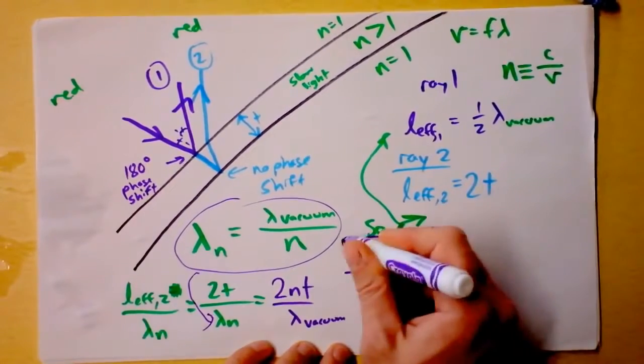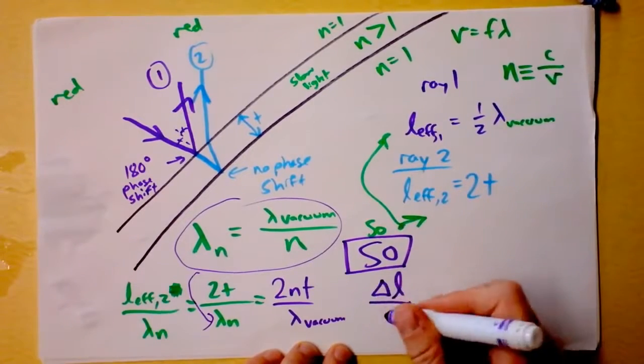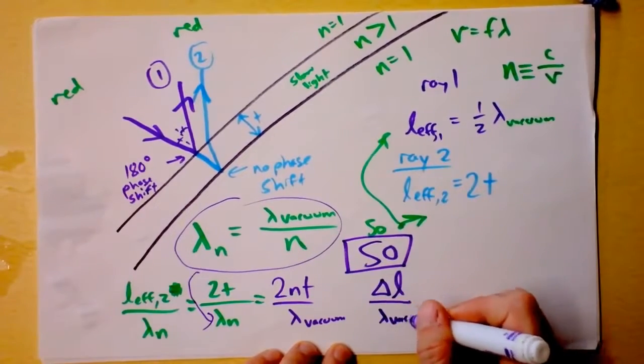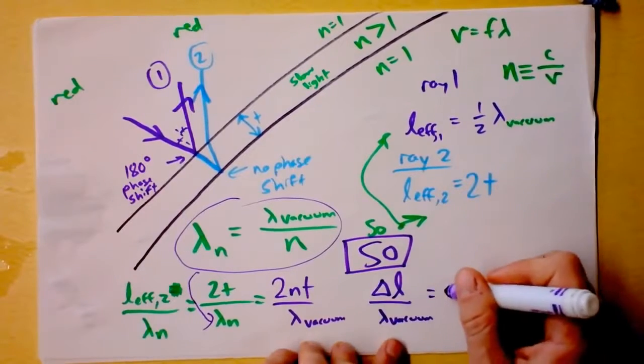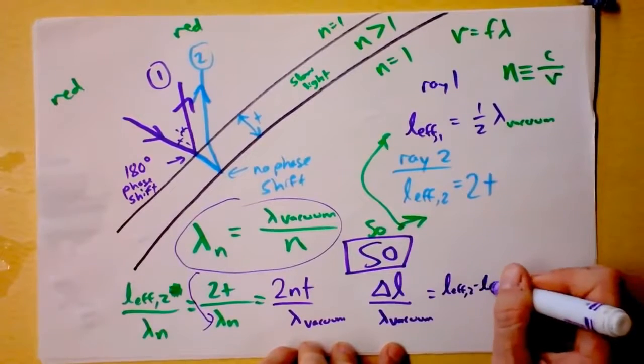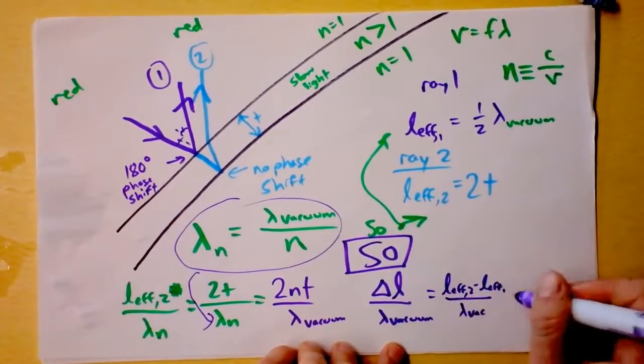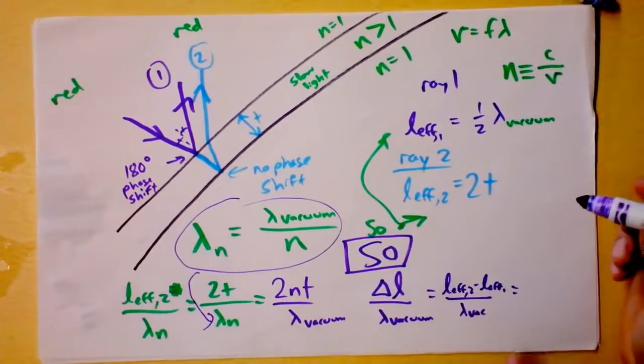So let's look at what the path length is. One final time, the path length difference divided by lambda in a vacuum is L effective 2 minus L effective 1 divided by lambda in a vacuum. And it's time for me to plug in some stuff.